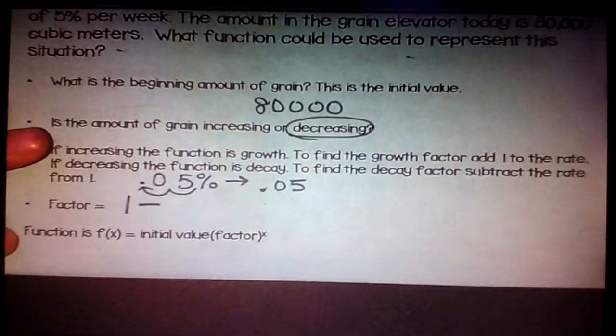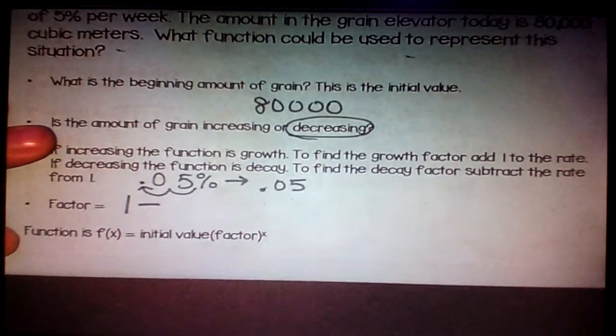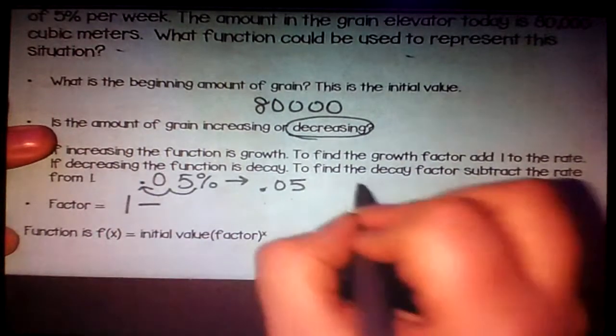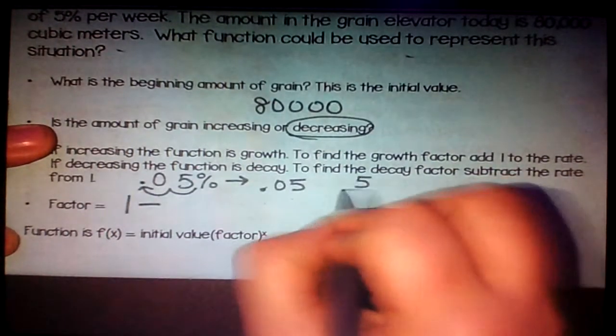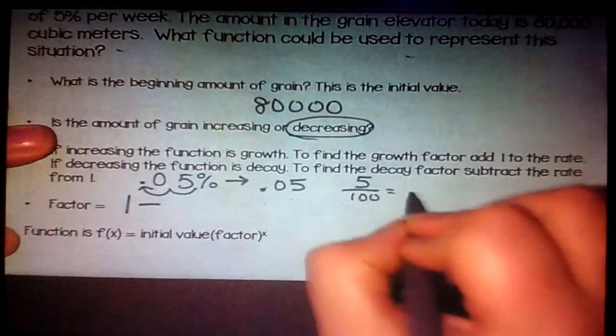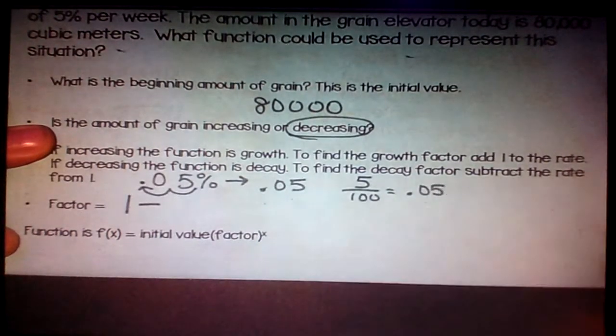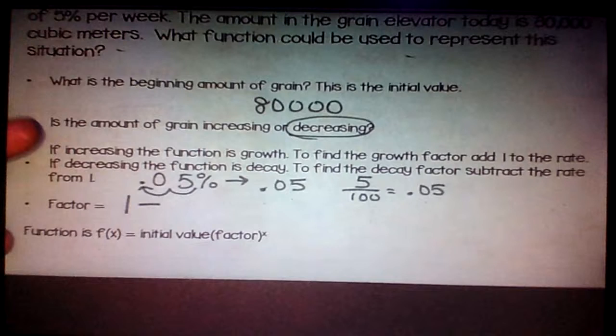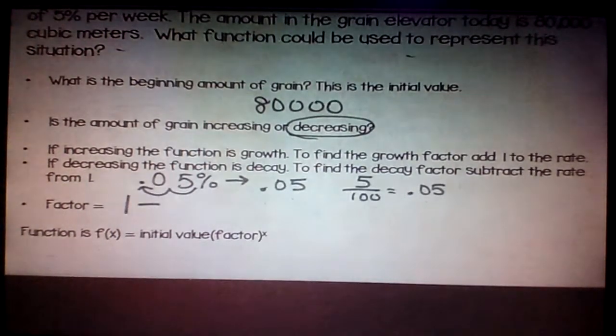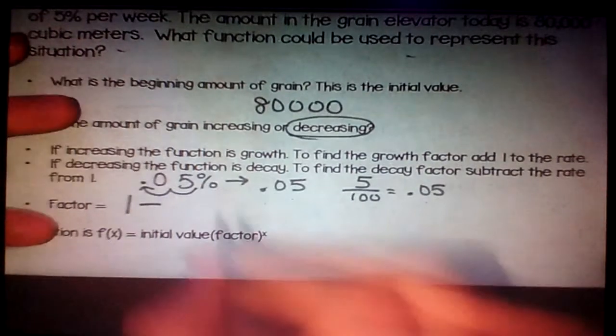No. 0.5 would be 50%, not 5%. Okay? If you struggle with just moving the decimal, if you take your percentage and divide by 100, you get 0.05. So you can always take your percentage and divide by 100 to get your rate. Okay? So if that works better, that's fine.